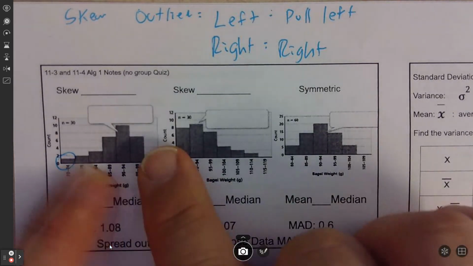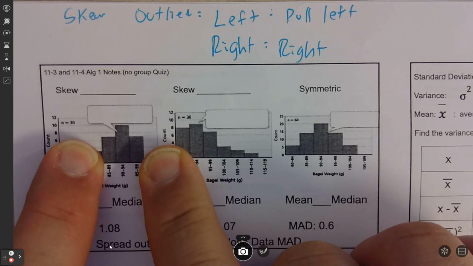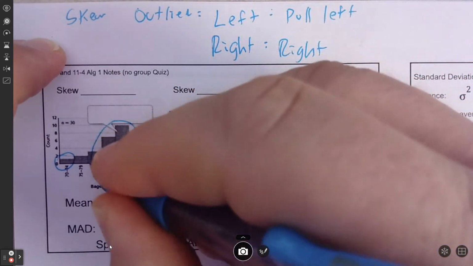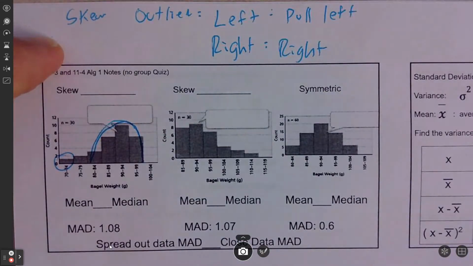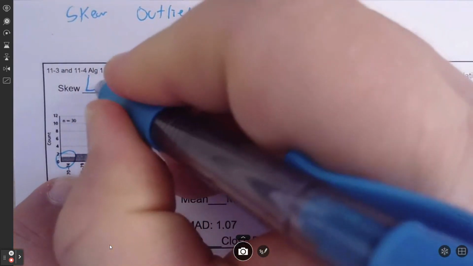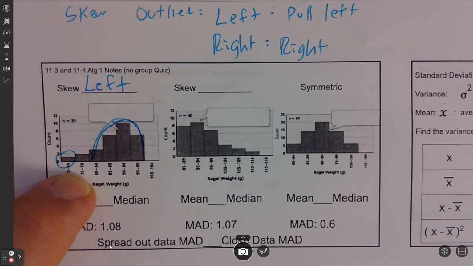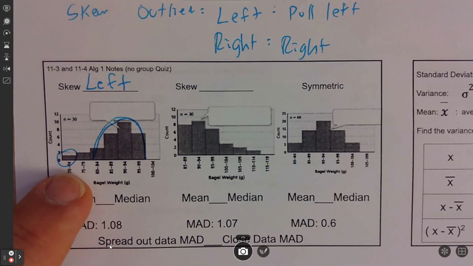Most of the data is here. So the outlier is here, and this guy is pulling it left. They say it's based on the tail. They call these the tails.